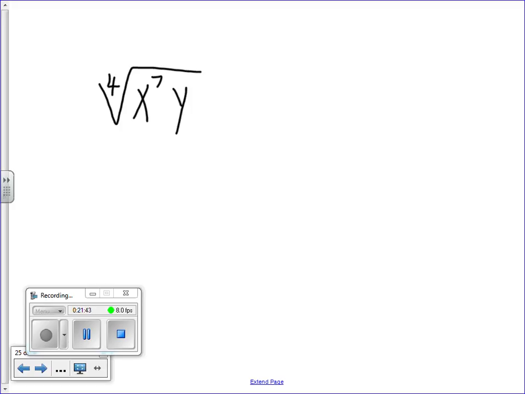Check this. All right, fourth root of X to the 7th, Y to the 12th. Take it on the X one. Okay, so the X is going to be 1, and what's going to be left inside? 3. What about the Y? 3 on the outside, none on the inside.